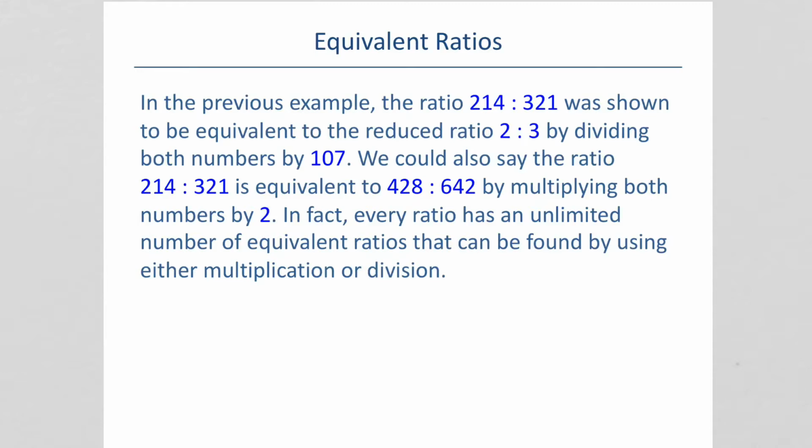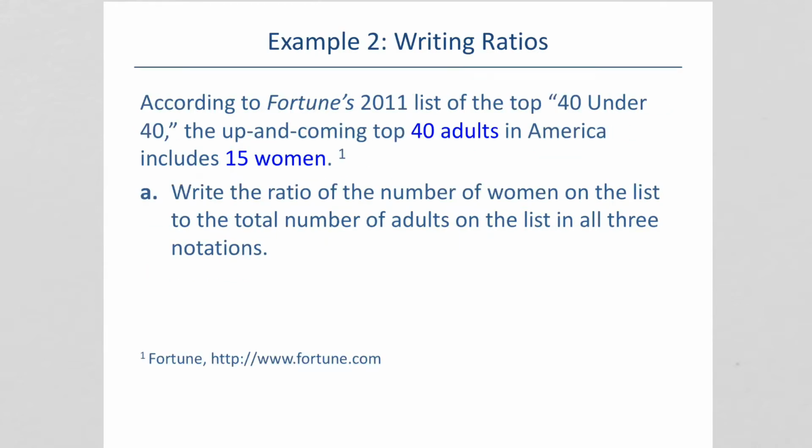We could also say the ratio of 214 to 321 is equivalent to 428 to 642 by multiplying both numbers by 2. In fact, every ratio has an unlimited number of equivalent ratios that could be found by either multiplying or dividing both by the same number.